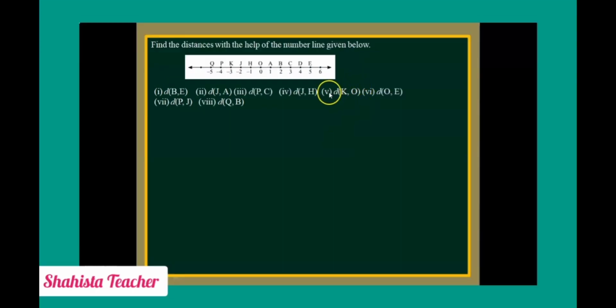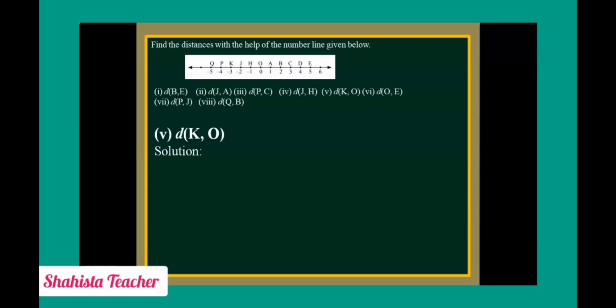Now let's solve sub question 5, that is distance of k comma o. Now here on this number line, coordinate of point k is -3 and coordinate of o is 0. Now here we will write this question, sub question 5, distance of k comma o. Now here solution.